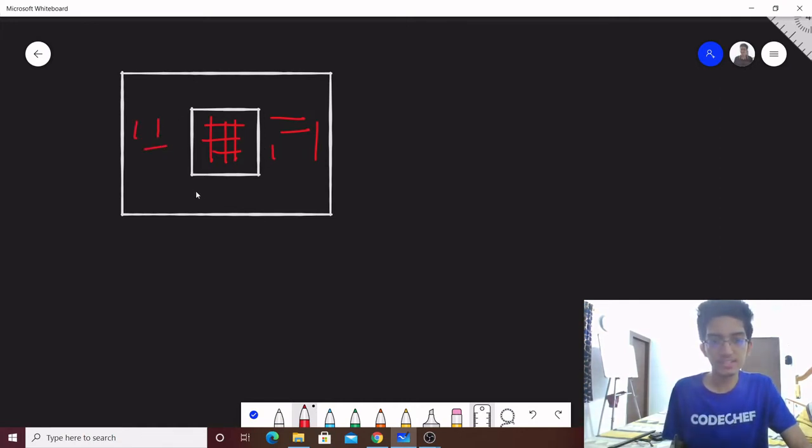We only want snakes which are present in this section, or at least some part of them are present in this section. Let's say the snake is like this, then this snake is important to us. But if a snake lies like this, then while considering the vertical section, we have no use for this snake.